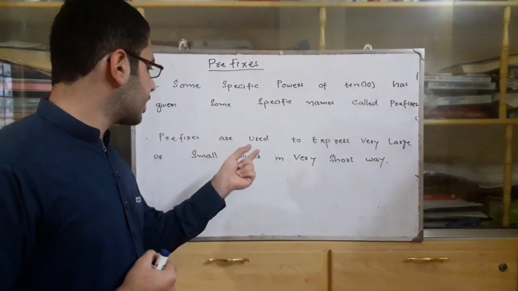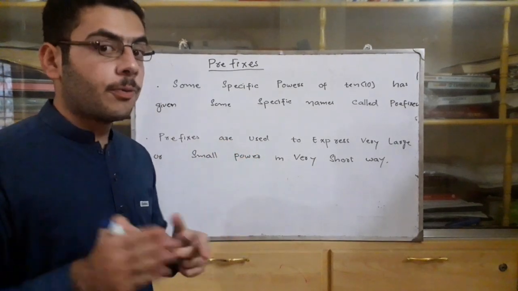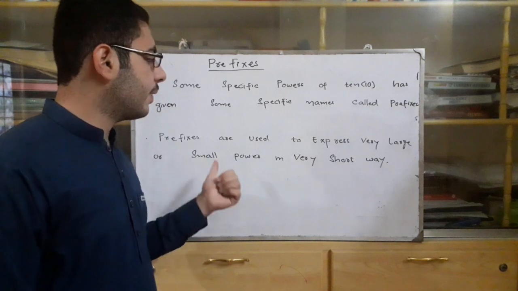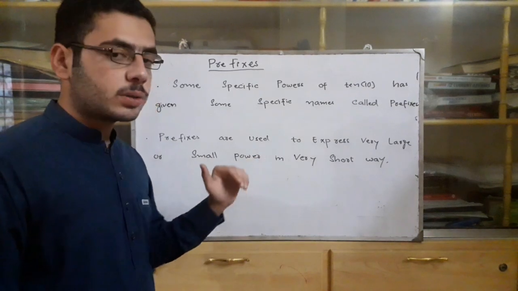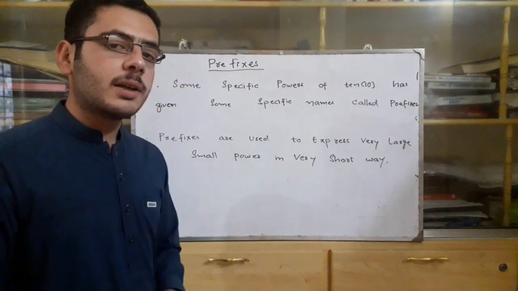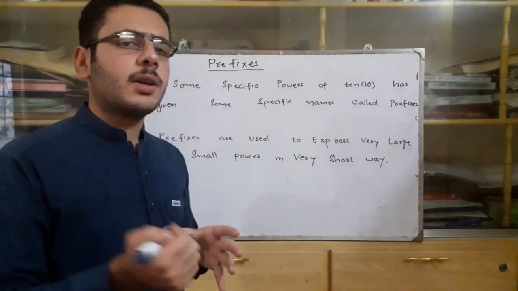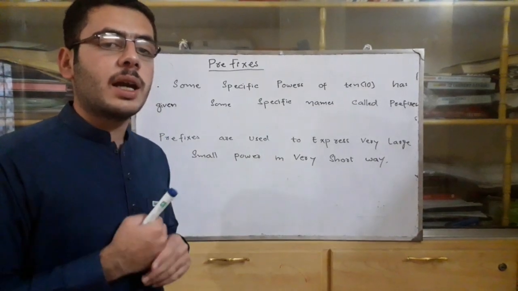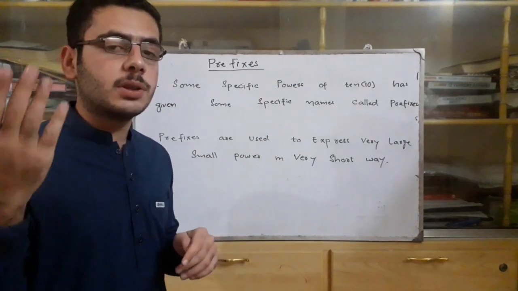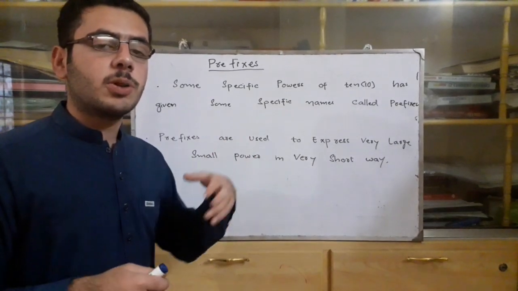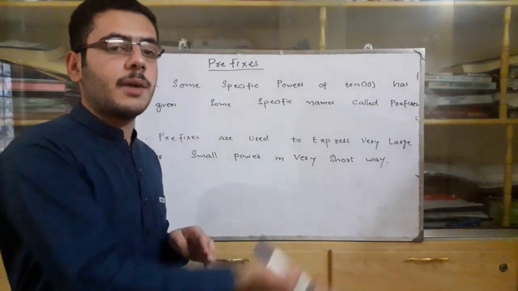Prefixes are used to express very large or very small numbers in a very short way. For example, if we write 10 raised to power minus 24, there will be 24 zeros on the right side. 10 raised to power plus 24 would have 24 zeros on the left side.